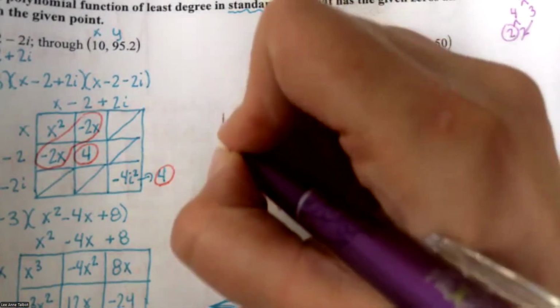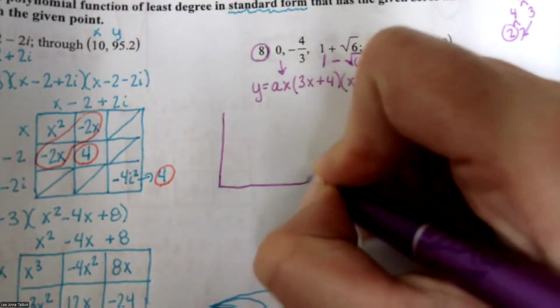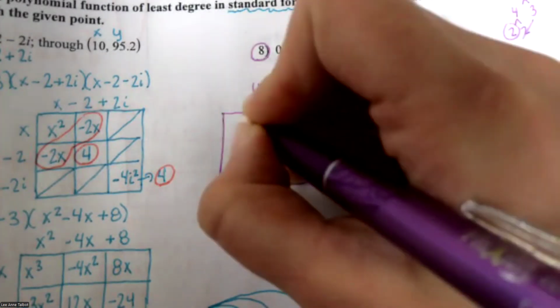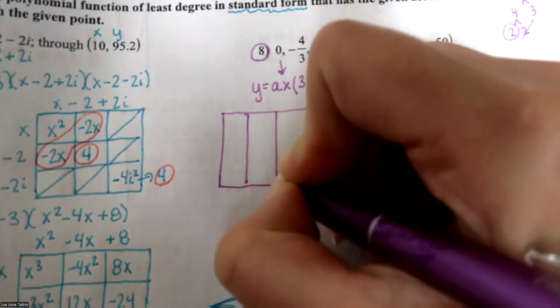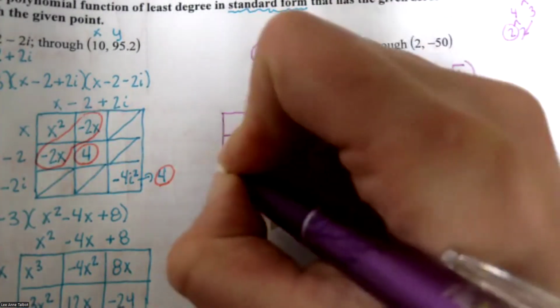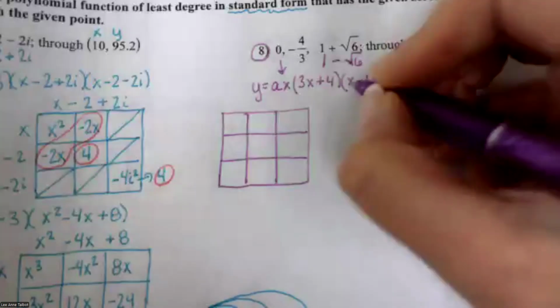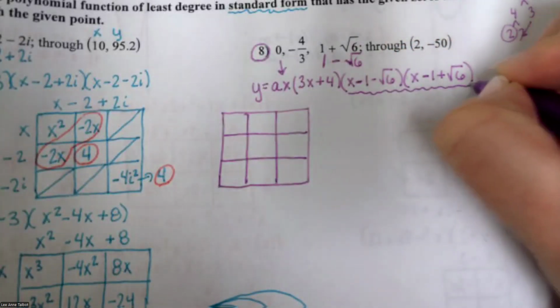Okay, I'm gonna do my 3 by 3 over here. I'm gonna try to write smaller than yesterday. And I'm gonna do these two.